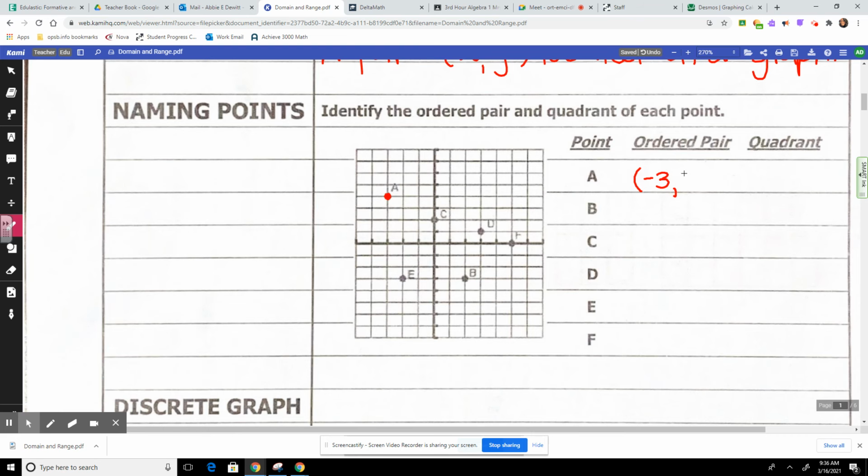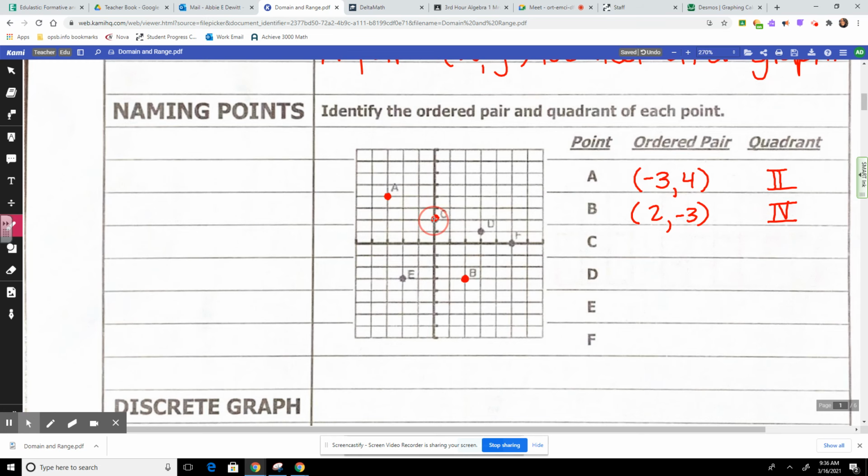I need to go up to where y is positive 4. So that point is written as negative 3, positive 4, and it falls in the second quadrant. Point B, from the origin, I'm going to go along the x-axis first to positive 2. So my x value is 2. My y value is down 1, 2, 3. Down 3 is negative 3. And that is in quadrant 4.